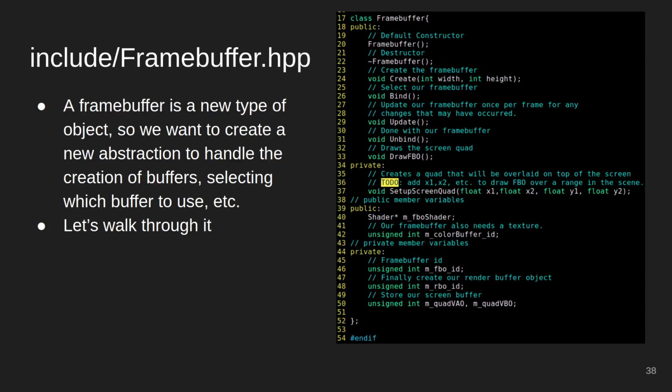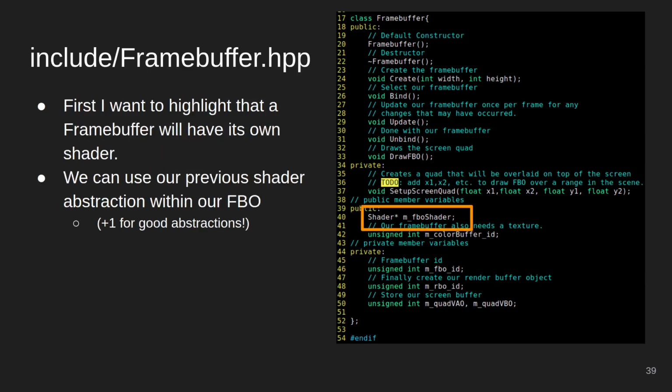So for today we'll have a frame buffer abstraction that'll be part of our lab. This is going to be a new class, and here's our interface that we'll be working with. So I just want to give you a little introduction to that. Our frame buffer's going to have a custom shader. So today we're going to be working with 2 shaders now.